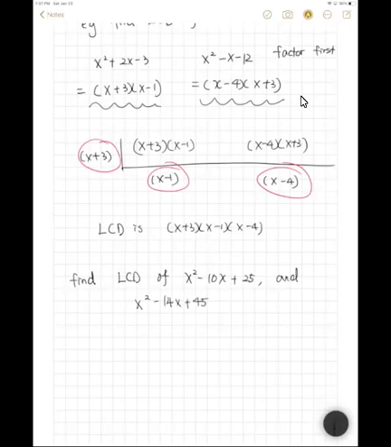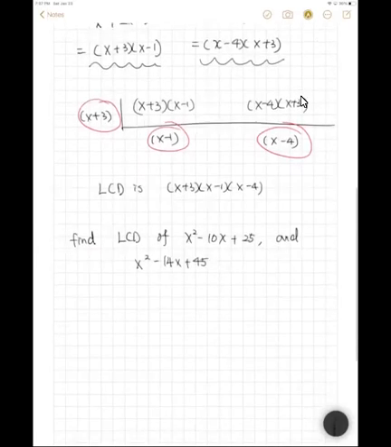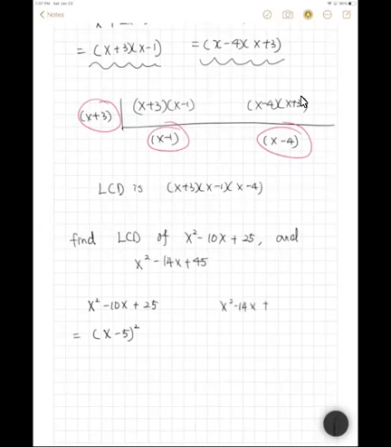So the first step is to factor first. So each polynomial, I want to factor separately. For the first one, I have x minus 5 squared, right? The perfect square formula. And then the second one, I use the AC method.